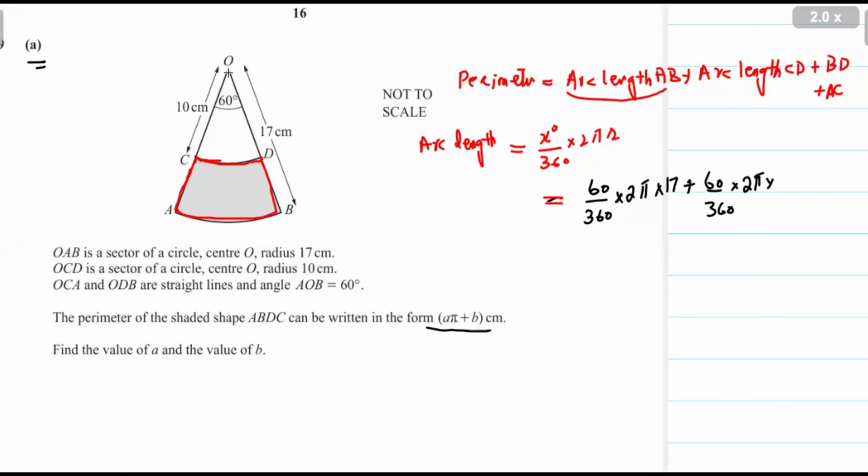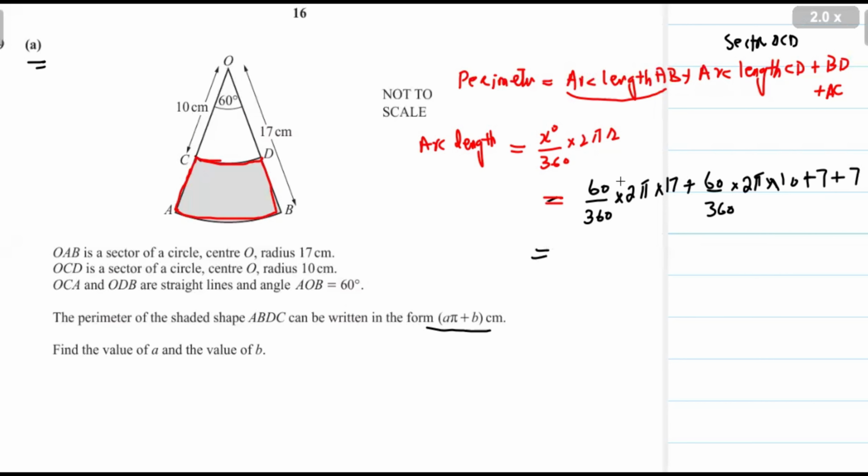R here is the radius of this sector OCD. This will be 10, plus BD length here is OB minus OD, we can calculate BD length 17 minus 10. This is 7. And the length of AC will also be the same, that is also 7.